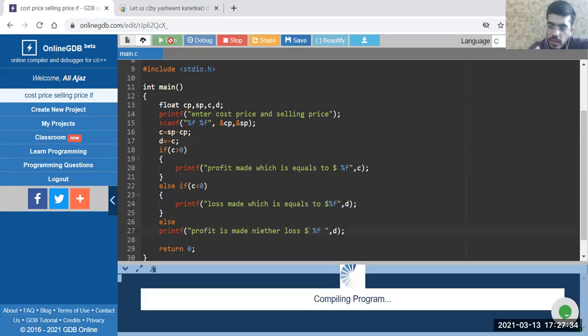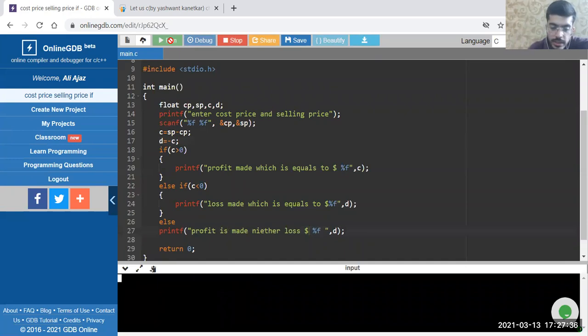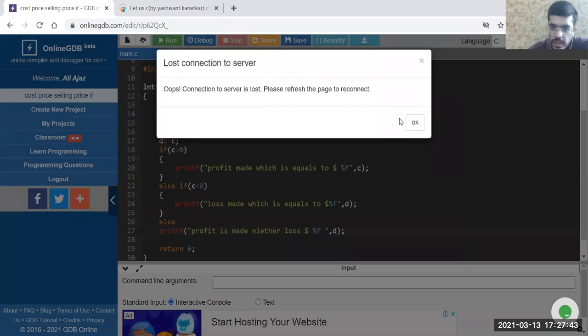Now we will give the cost price greater than the selling price. So cost price is 5. We are taking the loss scenario over here.